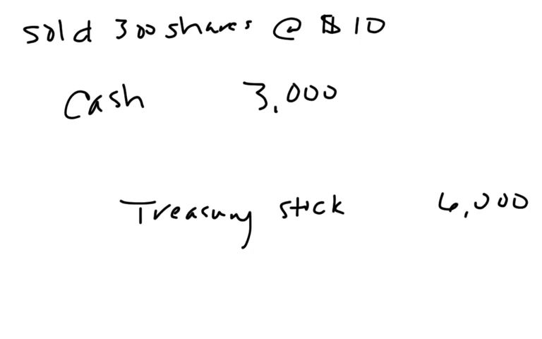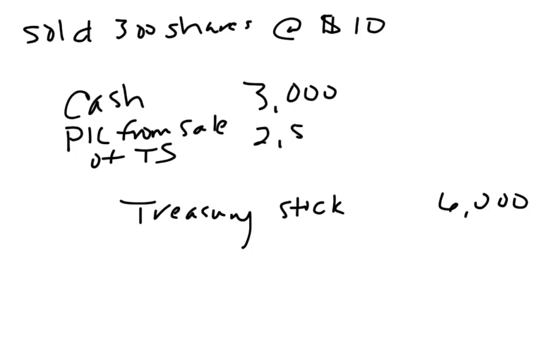Well, I've got $3,000 unaccounted for. We said we could take it against that paid-in capital from sale of treasury stock account, and we can, but only until it goes to zero. Right now that account has a balance of $2,500. I can take $2,500 out of that account, but that's all I can take out of it. I can't make it go into a deficit.